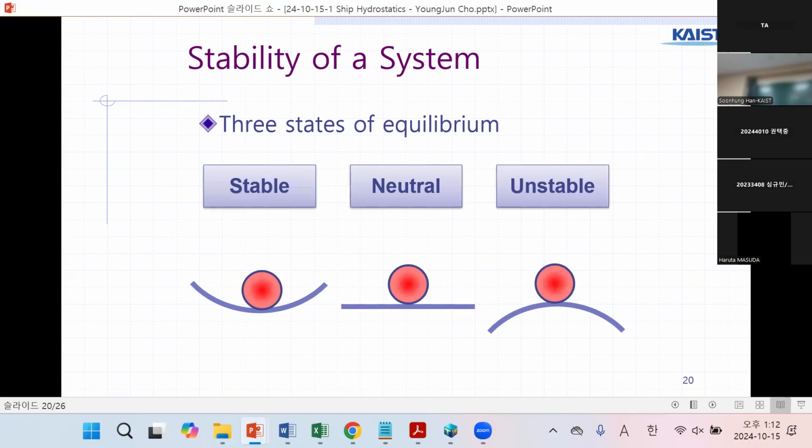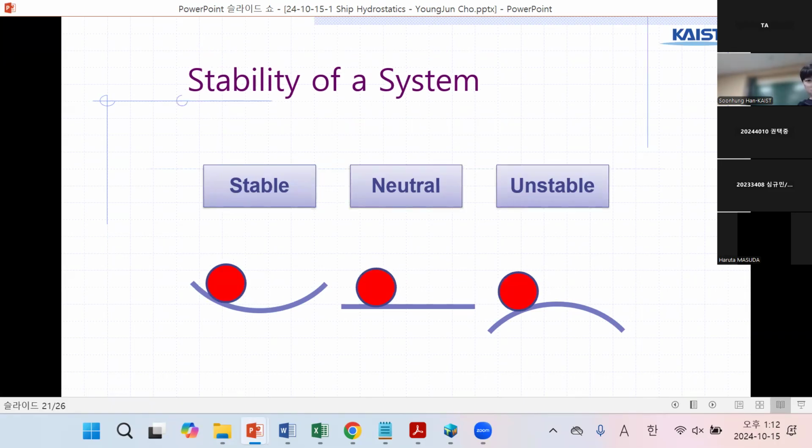Okay. Next, we'll talk about stability of a system. There are three states of equilibrium: stable, neutral, and unstable. To determine the stability of a system, we slightly disturb it and observe whether it returns to its original position.